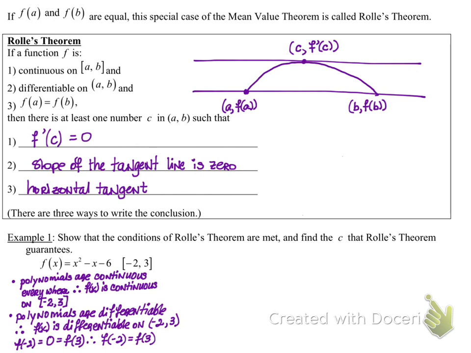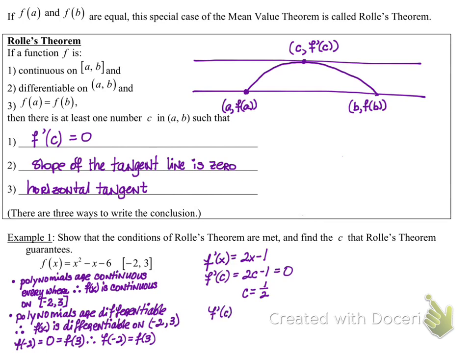So now we're going to figure out what f prime of x is, and f prime of x is just 2x minus 1, and we need to figure out what value of c makes that derivative 0 and solve for c. So we solve for c, and we see that c is 1/2.